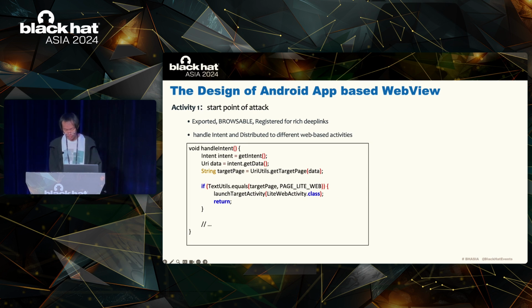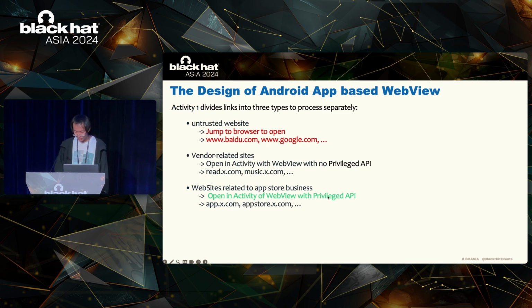Let's look at the first activity we found. It is exported, browsable, and registers for a rich deep link. It handles the intent and distributes it to different web-based activities. The code is like this. Activity 1 divides links into the following three types.